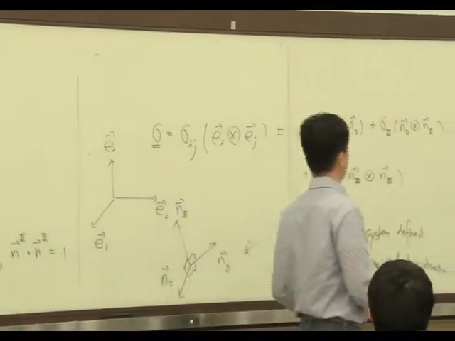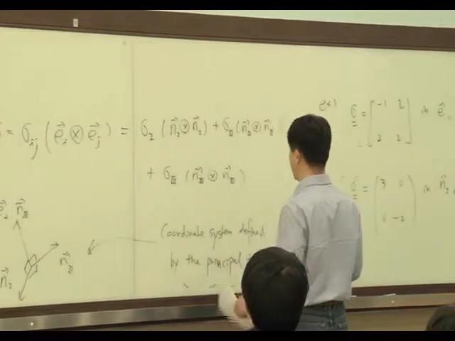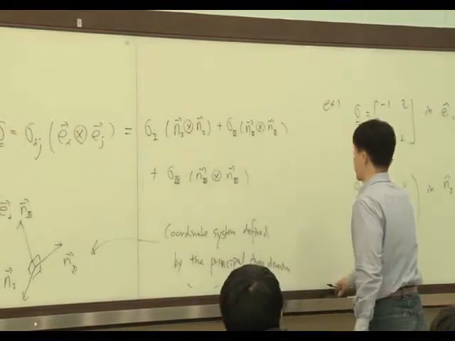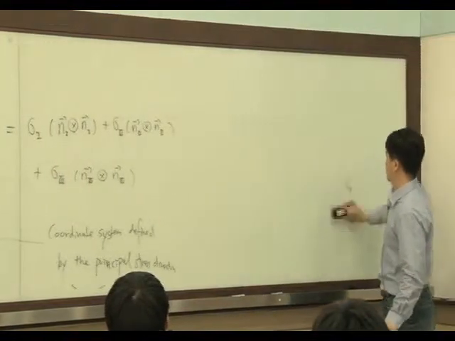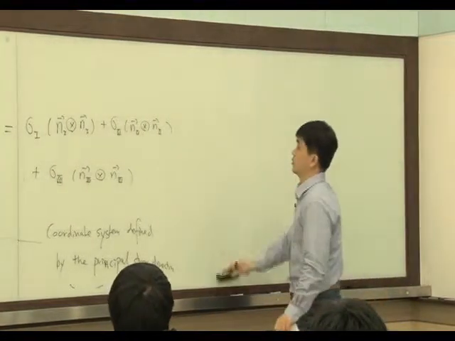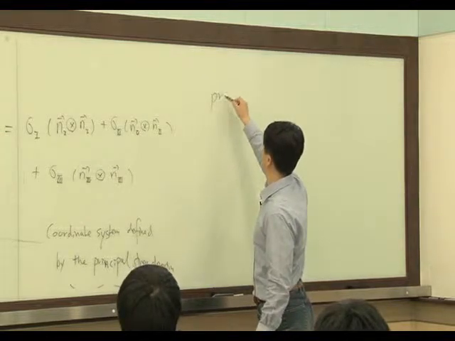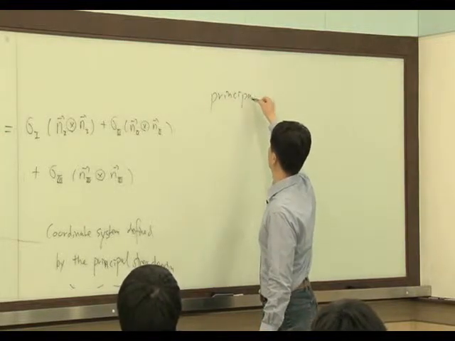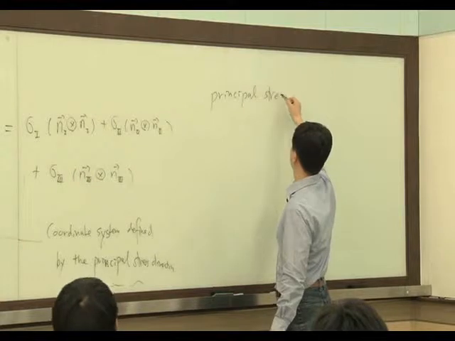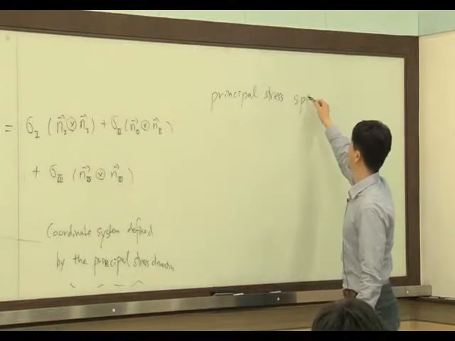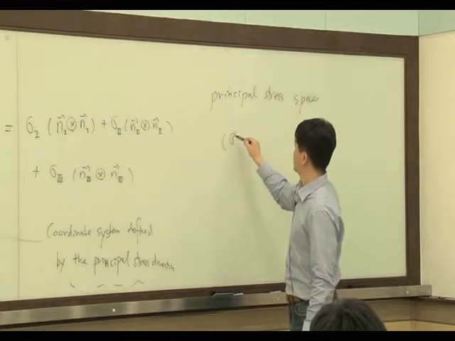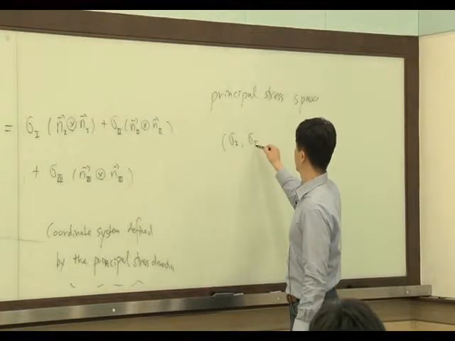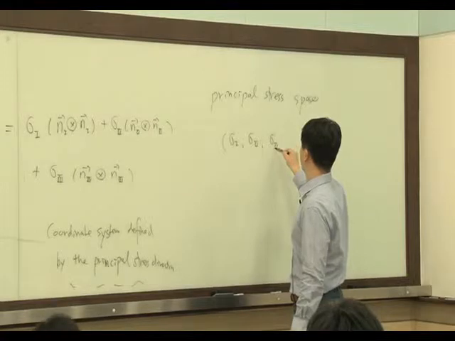Here, the principal stress space is sigma 1, 2, 3.